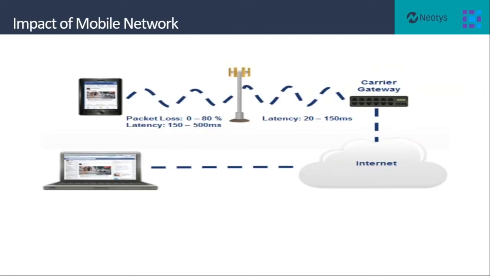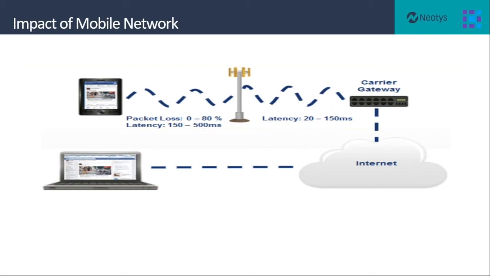The first one is network. What is the main difference between a desktop user and a mobile user? A desktop user is connected maybe through his Wi-Fi, and then once you get to the carrier, you go to the internet. Mobile devices could potentially be in a car or a train, moving.